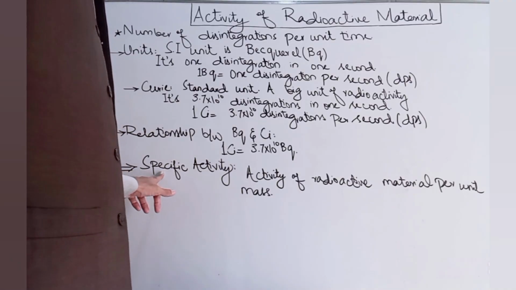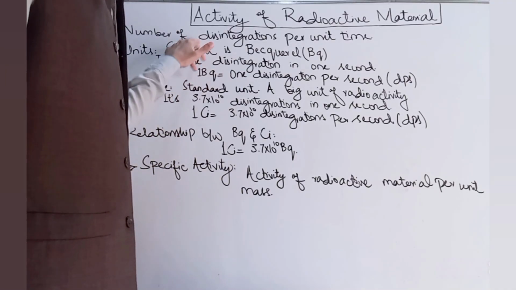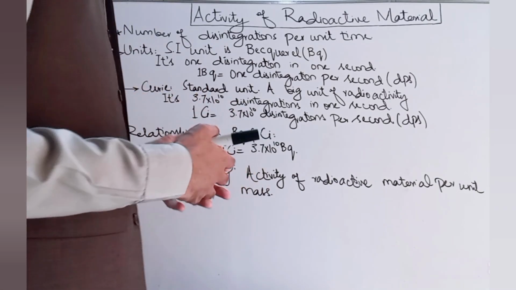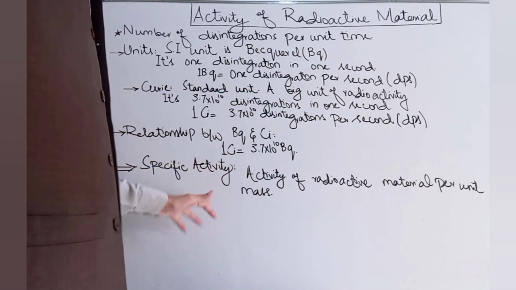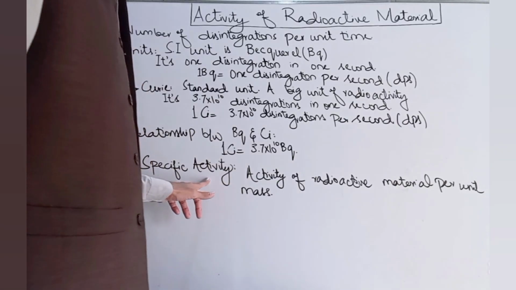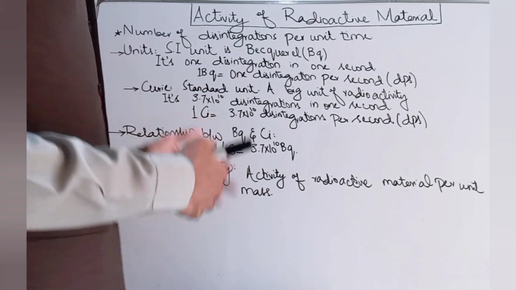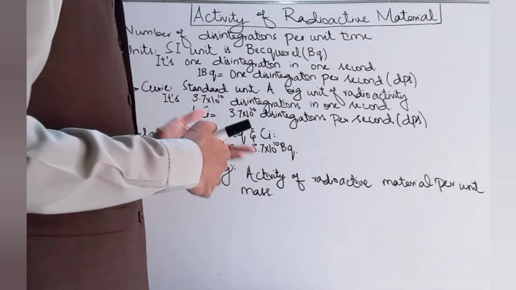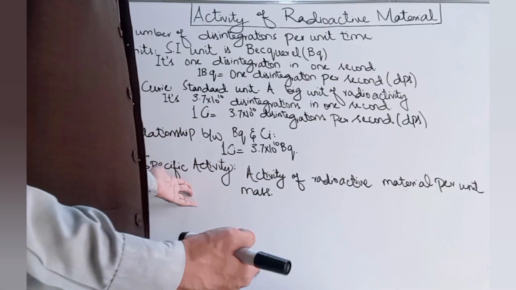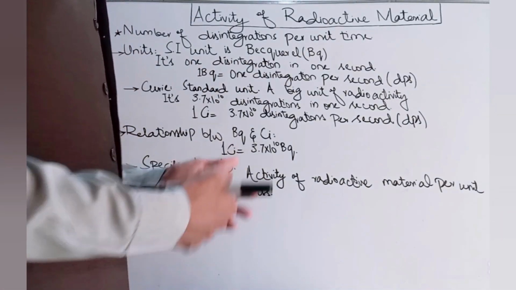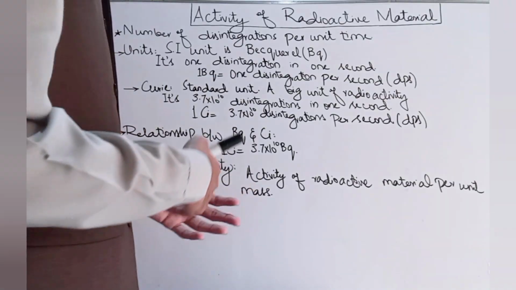The last point is the specific activity. We earlier talked about the activity, and there may be a question about the difference between the activity and the specific activity of a radioactive material. Specific activity is the activity of the radioactive material per unit mass. You can see how many disintegrations are happening in 1 gram of the radioactive material, in 1 kilogram, or in smaller units, 1 milligram.